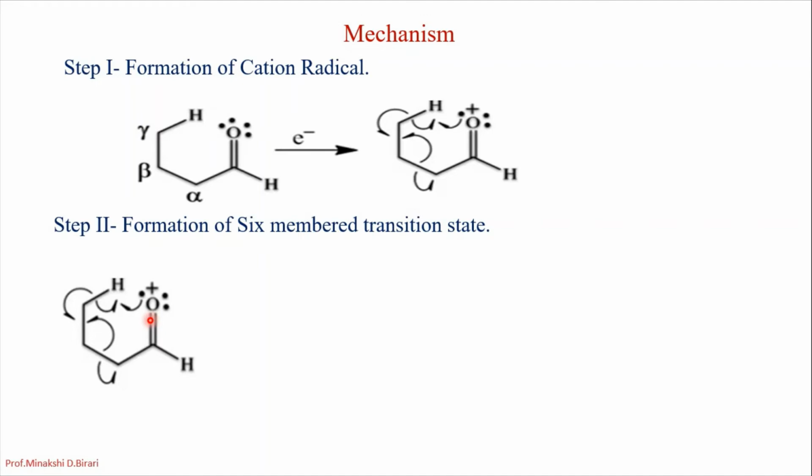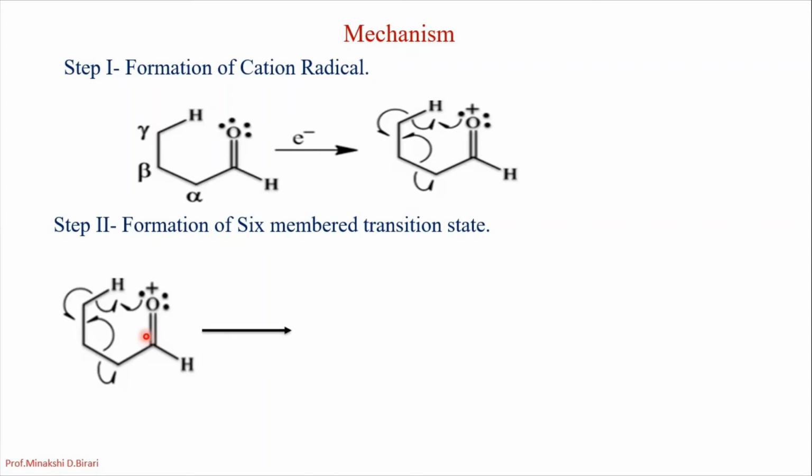As we know, to undergo McLafferty rearrangement, the molecule should have pi electrons, a heteroatom, and also a gamma hydrogen. Only those molecules can undergo McLafferty rearrangement.